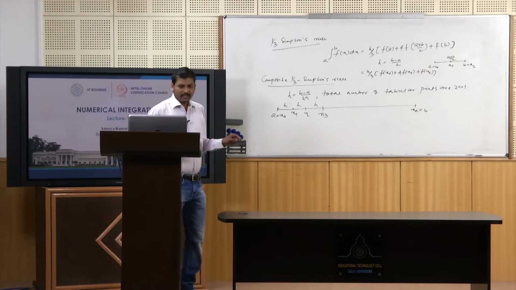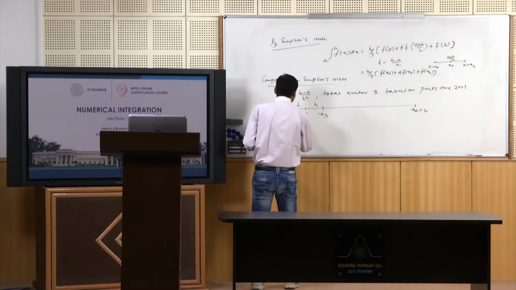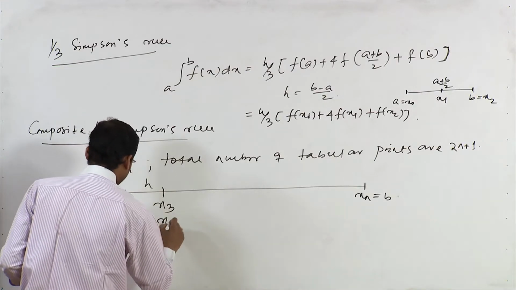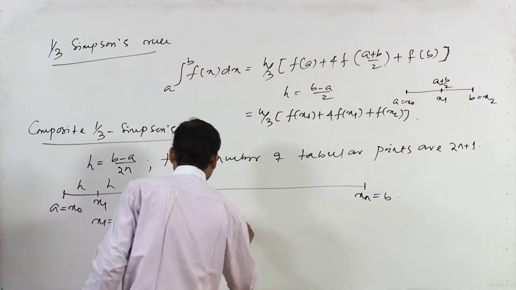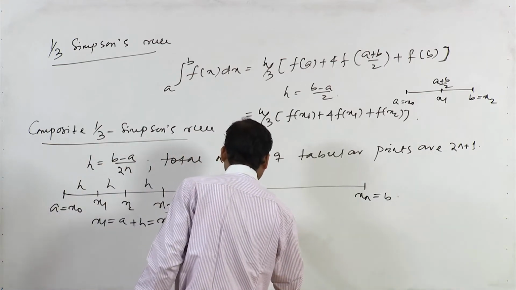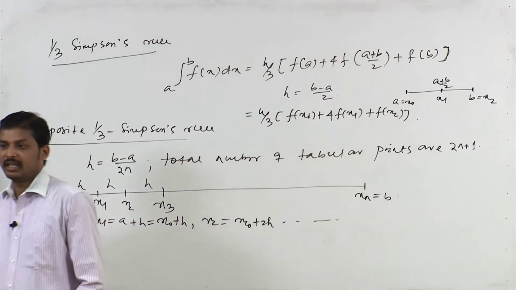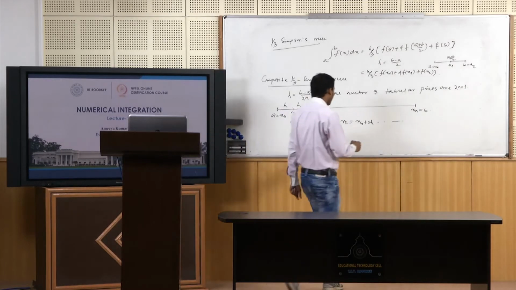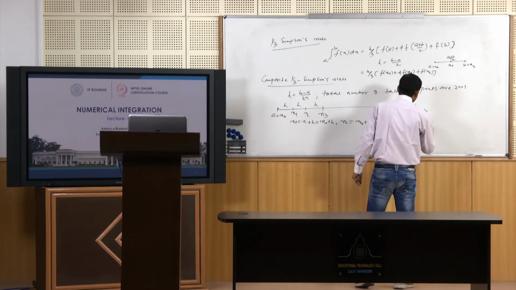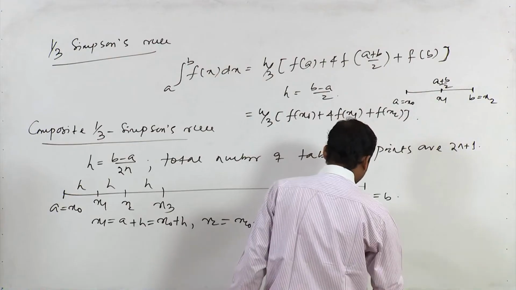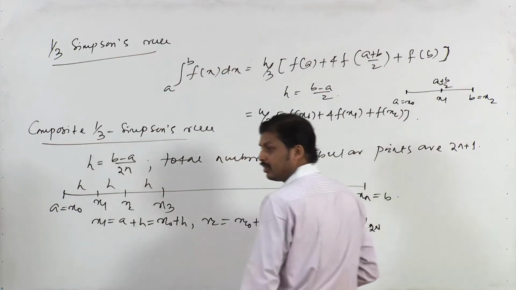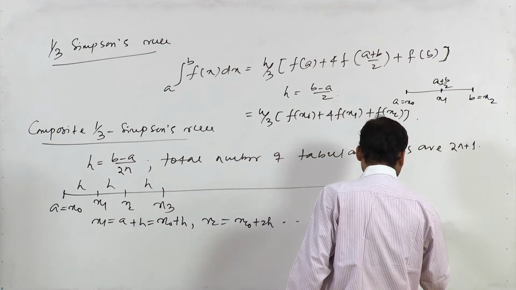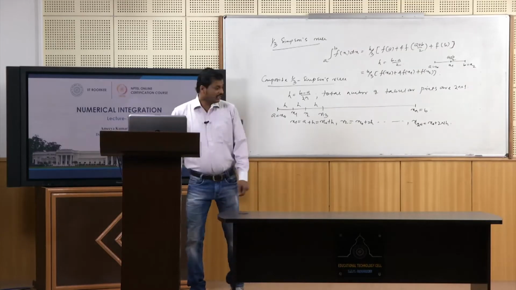So we can consider a equals x0, then x1 equals a plus h or x0 plus h, then x2 equals x0 plus 2h. Likewise the last point, since there are 2n plus 1 points, is x of 2n, which can be written as x0 plus 2nh. This equals b here.